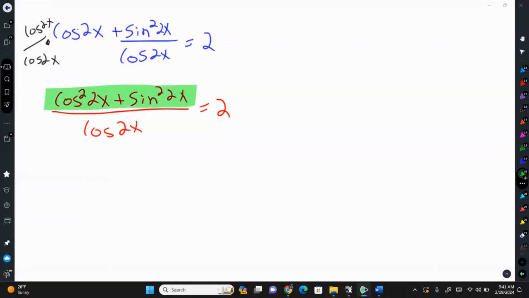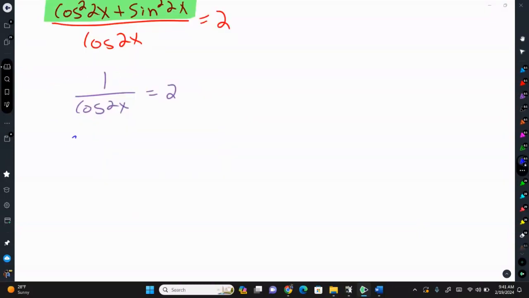As long as the angles are exactly the same, that identity will always hold true. So even though it's cosine squared of 2x plus sine squared of 2x, because those angles are exactly the same, that identity holds true. So we get 1 over cosine 2x equals 2. So then this becomes the secant of 2x equals 2. Well, now we can switch this to the cosine of 2x equals 1/2.